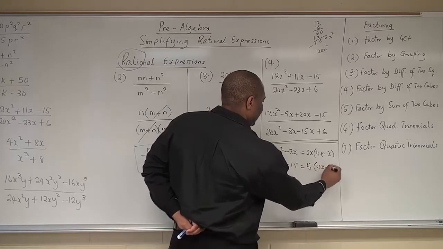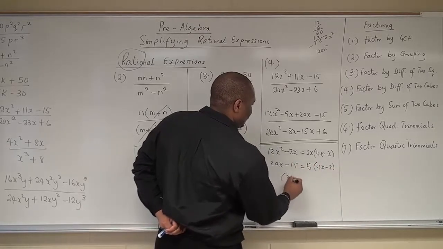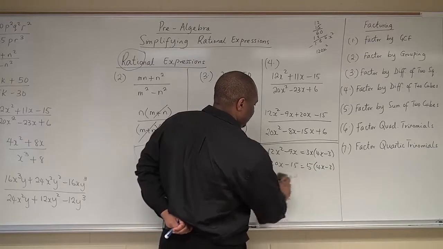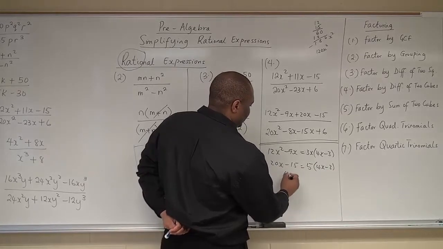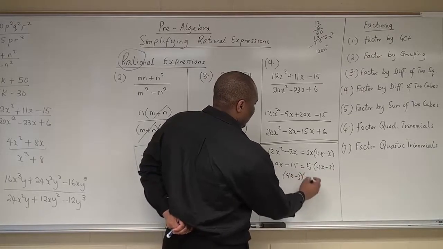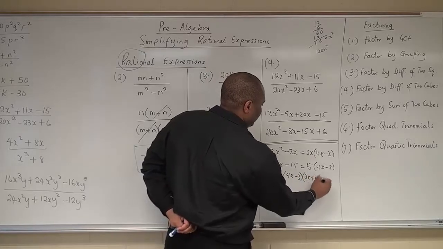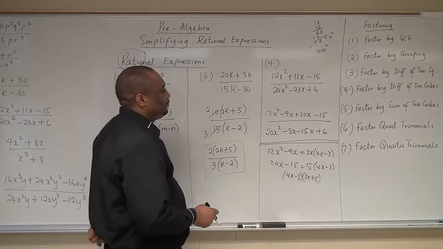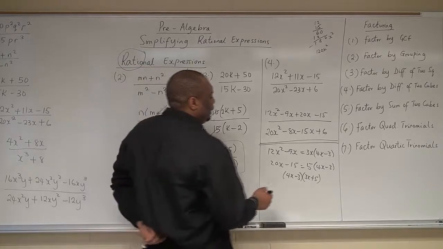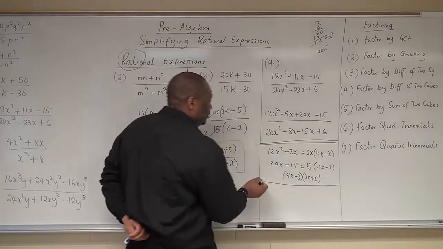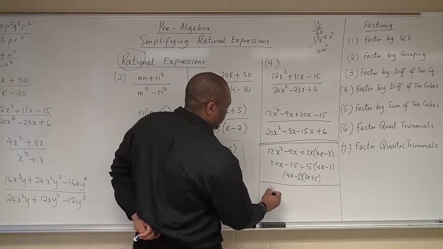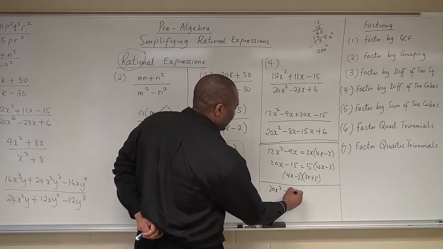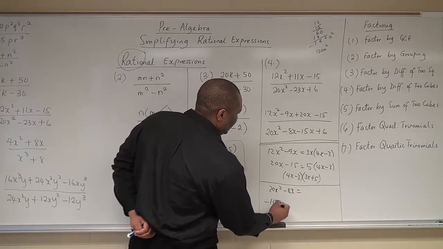And this is 4x minus 3. So you have 3x plus 5 and 4x minus 3. That is the numerator. Then we look at the denominator. We have 20x squared minus 8x, then negative 15x plus 6.